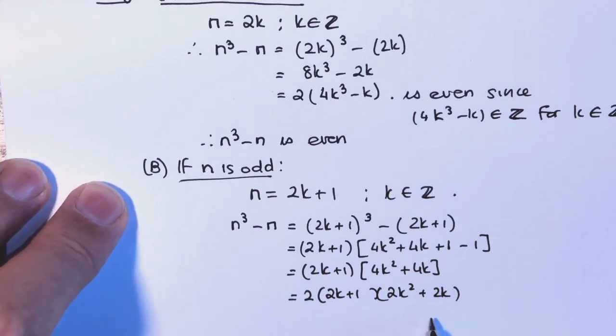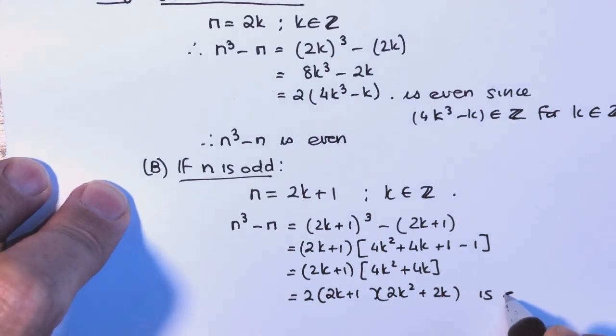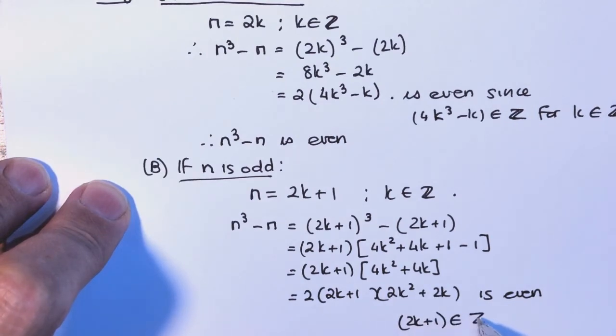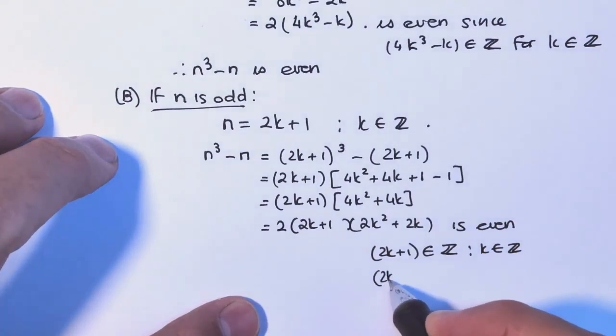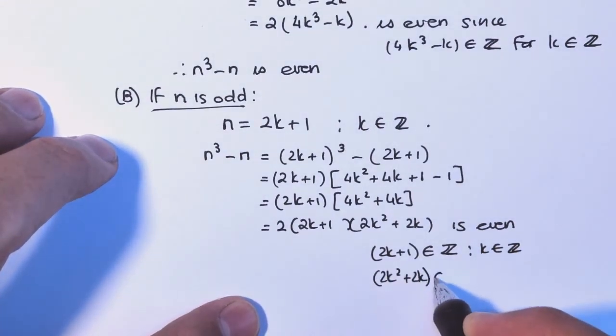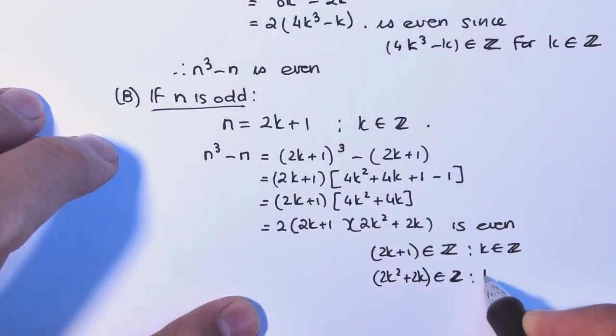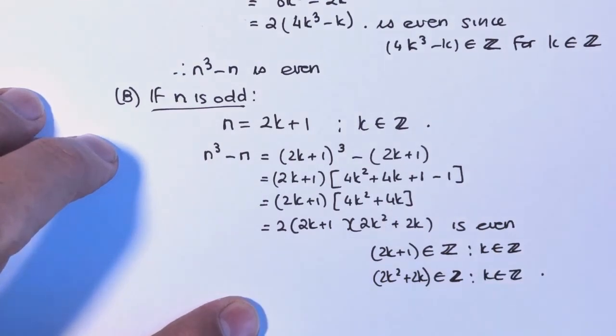Let's see why it's even. Because 2k plus 1 is an integer, because k was an integer. And the second argument is that 2k squared plus 2k is an integer, because k again was an integer there.